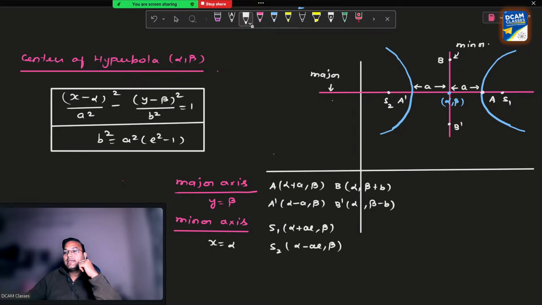Acha, now can anyone tell me the equation of directrix? Both the directrix that we have.